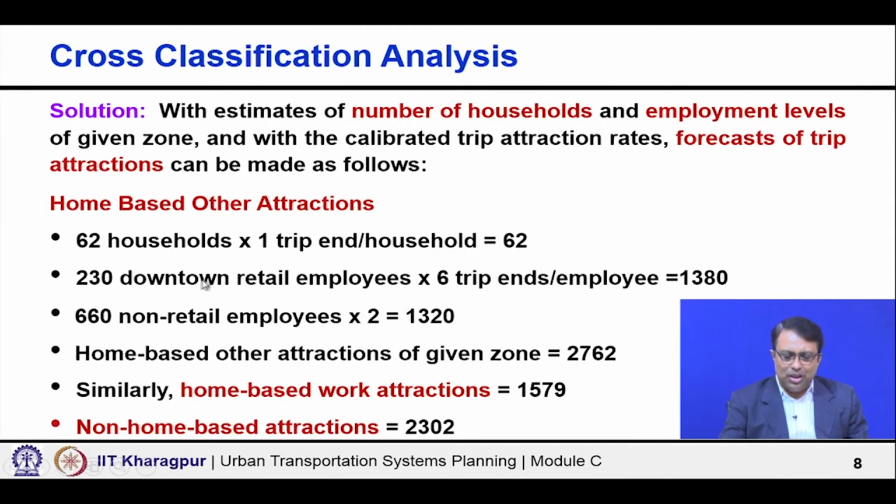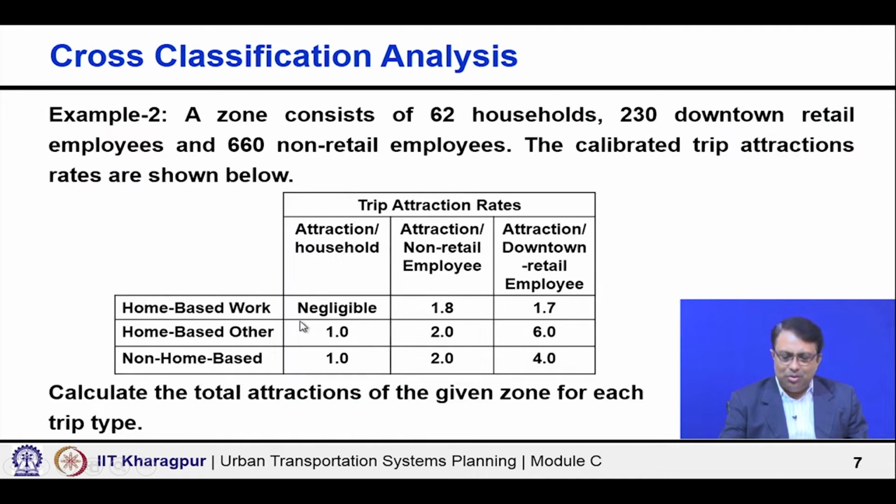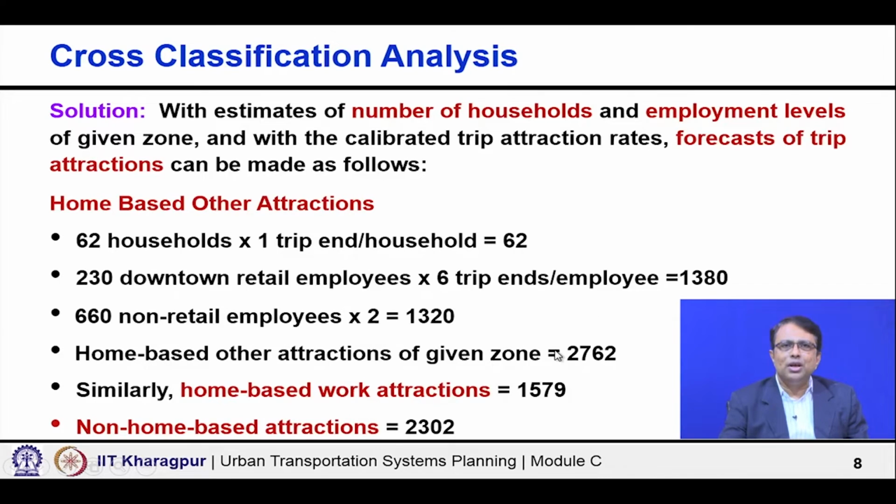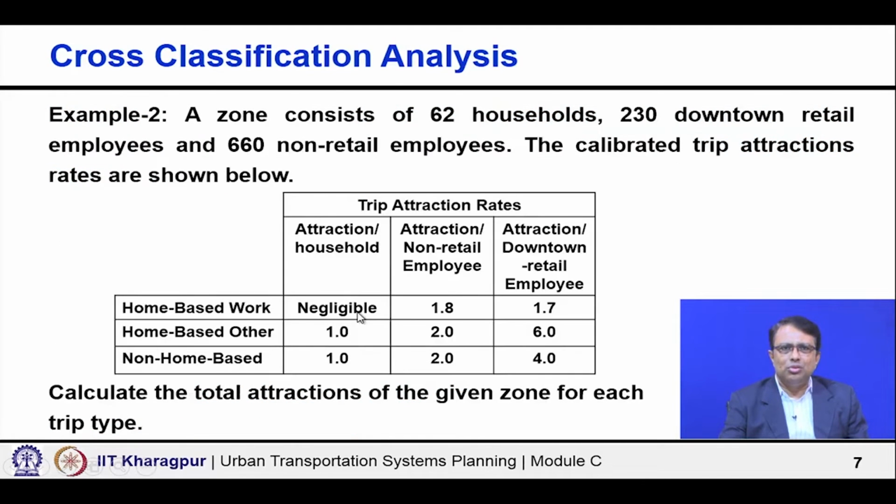So, we can get 62 households, 660 non-retail employees and 230 downtown retail employees. Accordingly you can get 62 into 1, 62 trips, 230 into 6 equal to 1380 trips and 660 non-retail employees multiplied by 2, so 1320.